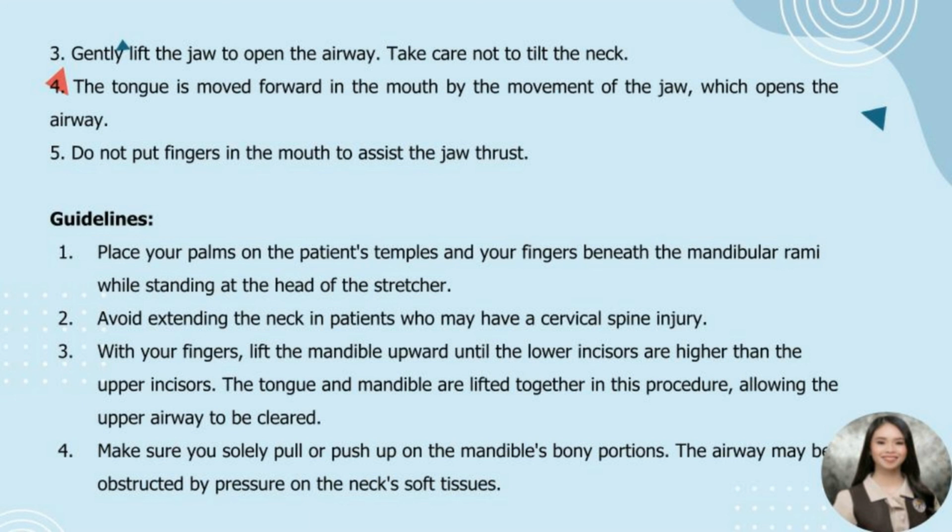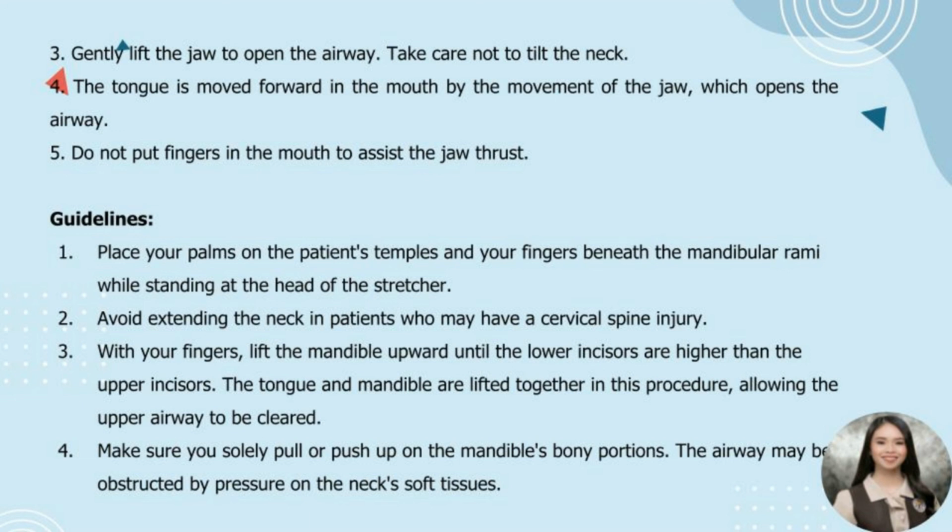So there are also guidelines in doing the jaw thrust technique. First, place your palms on the patient's temples and your fingers beneath the mandibular rami while standing at the head of the stretcher. Second, avoid extending the neck in patients who may have a cervical spine injury.